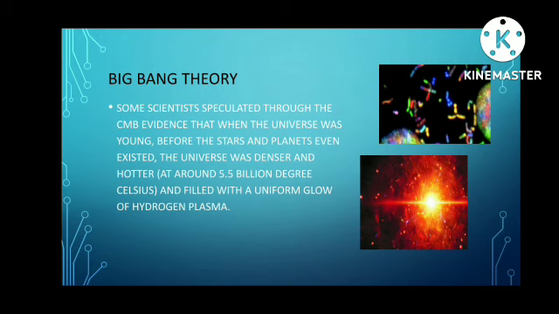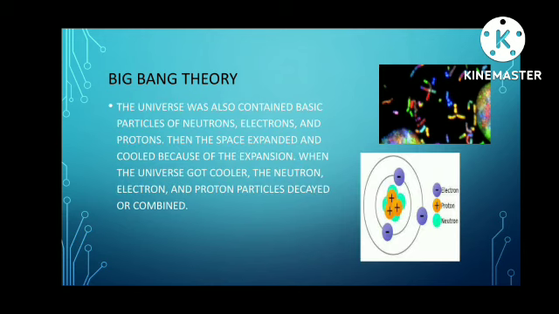So it is being determined that all stars, galaxies, and other celestial bodies are made of this hydrogen plasma. The universe also contained the basic particles of neutrons, electrons, and protons.